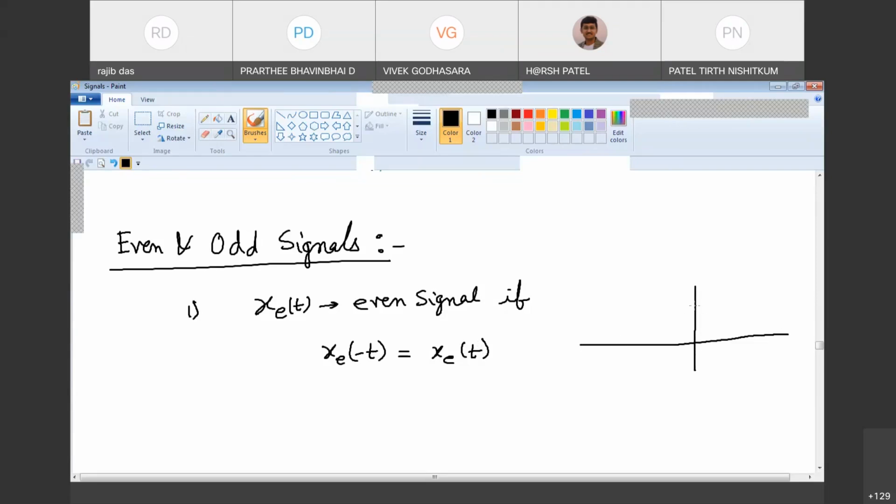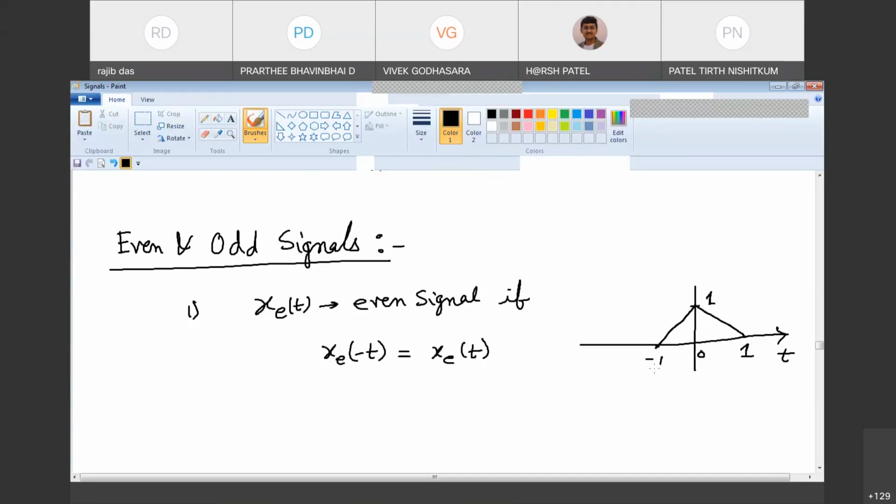And second, an example. Suppose I consider this is the right side signal, by 1 it will become 0, and its amplitude is 1. So obviously the left hand side should look the same. At minus 1 it should become again 0, left side. So this signal is an even signal.